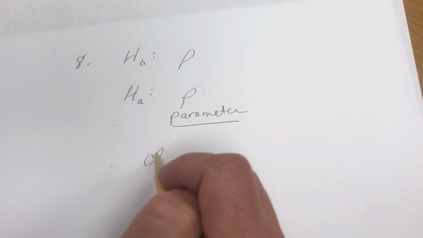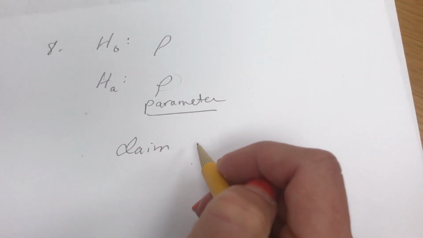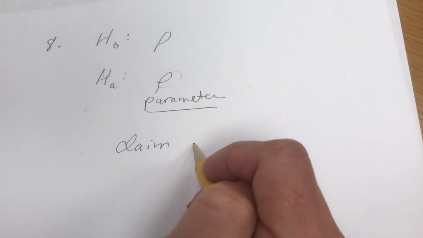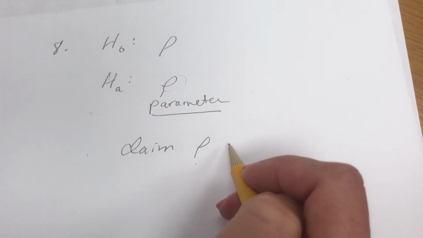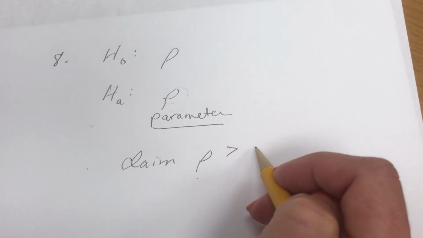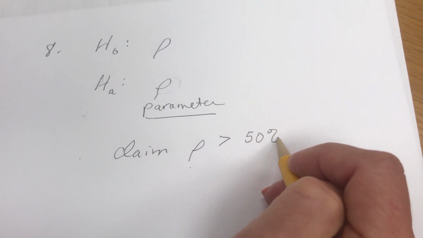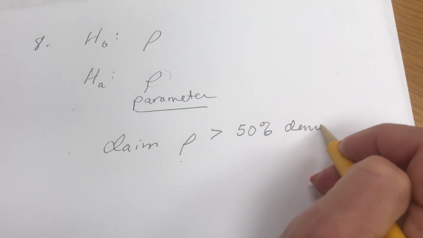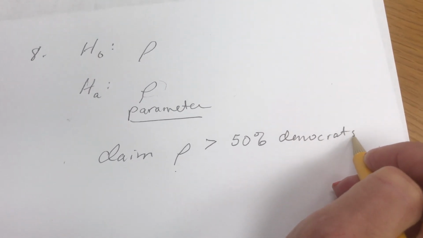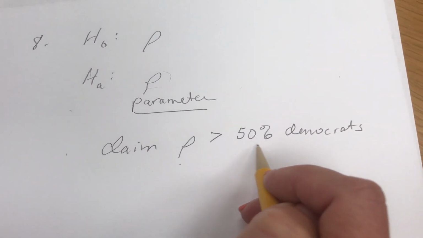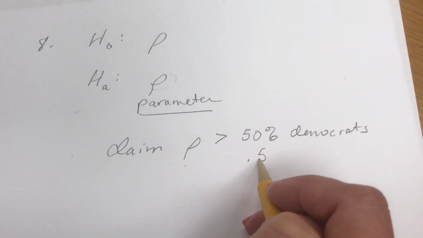My claim, by the Republicans, is that this percentage favors Democrats. It's higher than 50%, so I believe there's more Democrats involved. Proportion, not percent, so I'm going to use 0.5.